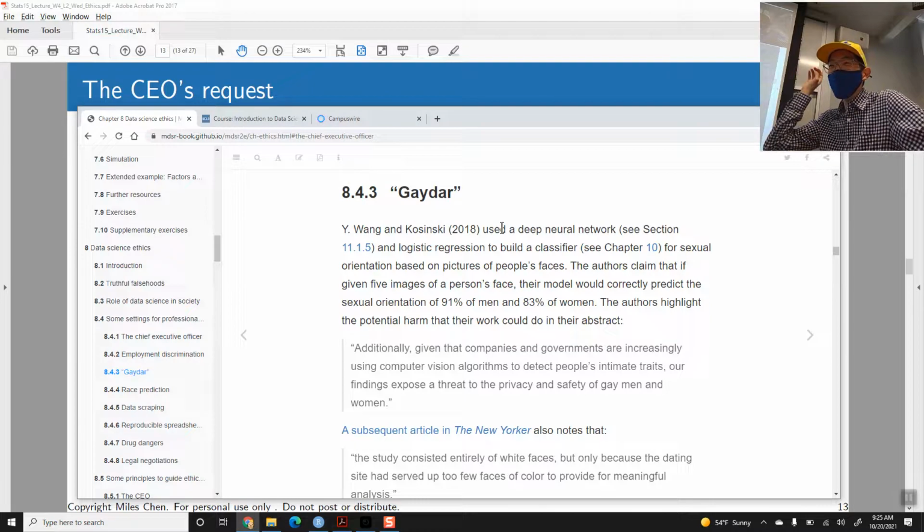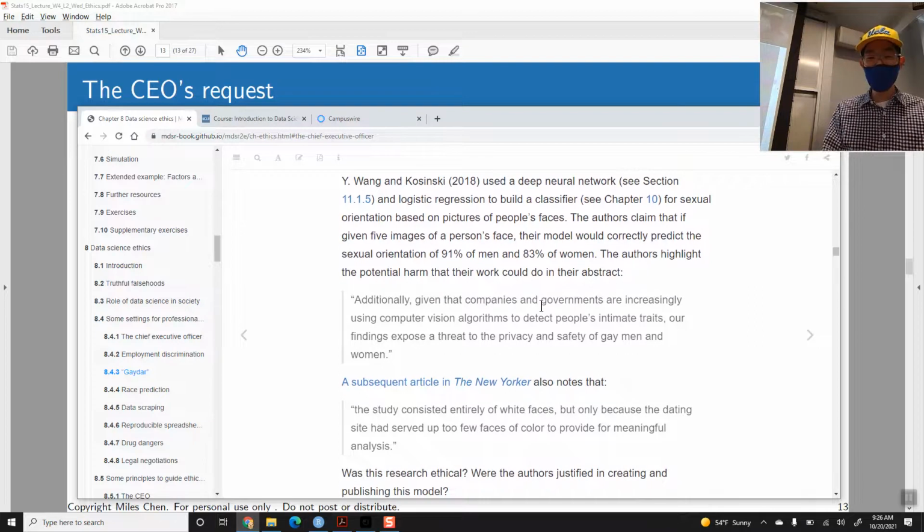So they put in this face, and their machine predicts this person might be straight, this person might be gay. The authors claim that given 5 images of a person's face, the model would correctly predict the sexual orientation of 91% of men and 83% of women.